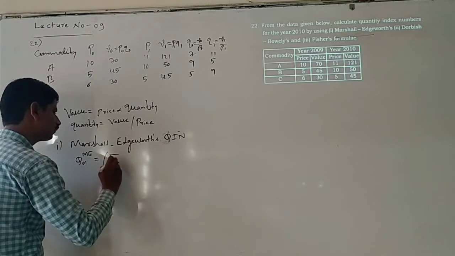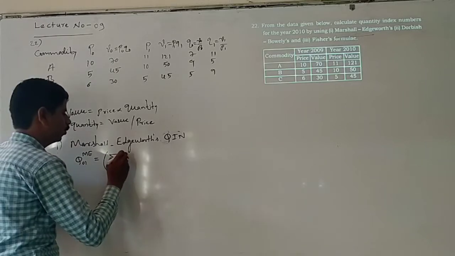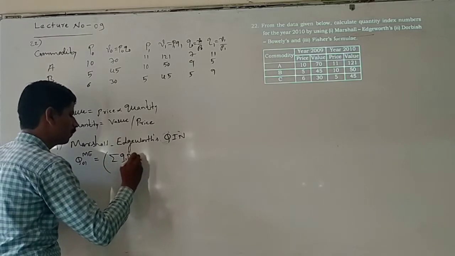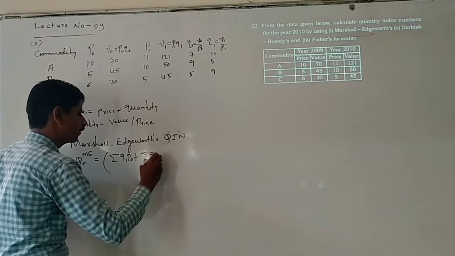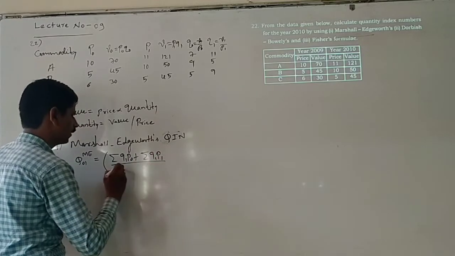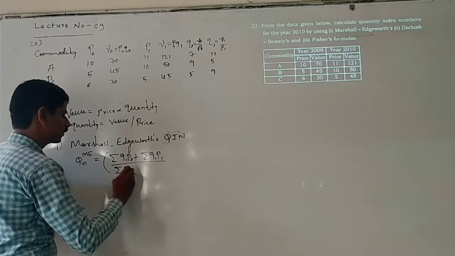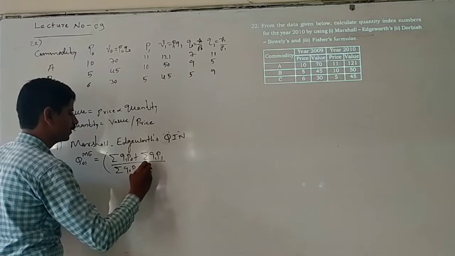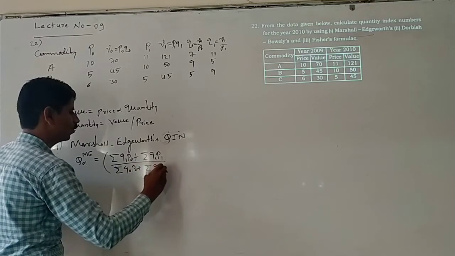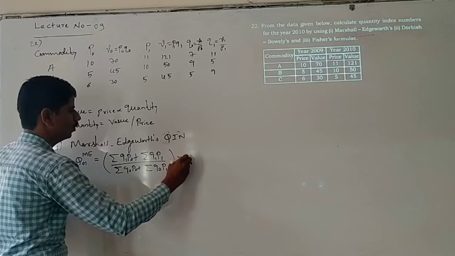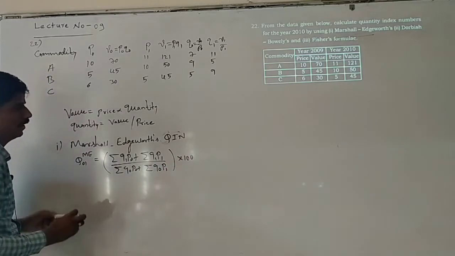sum of Q1 P0 plus sum of Q1 P1 by sum of Q0 P0 plus sum of Q0 P1 into 100.